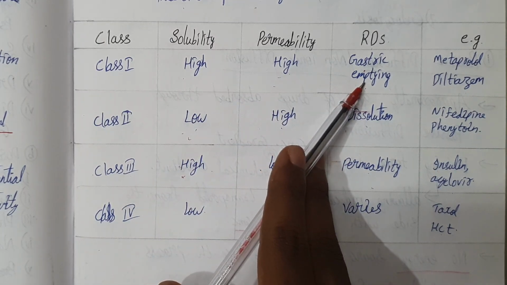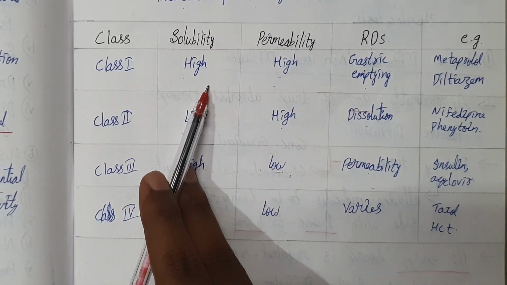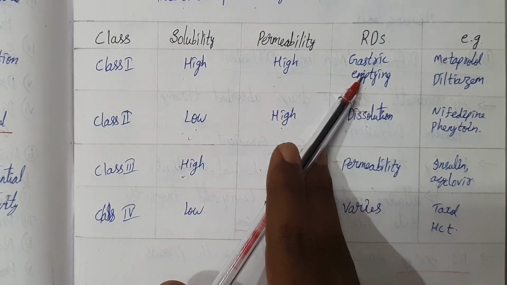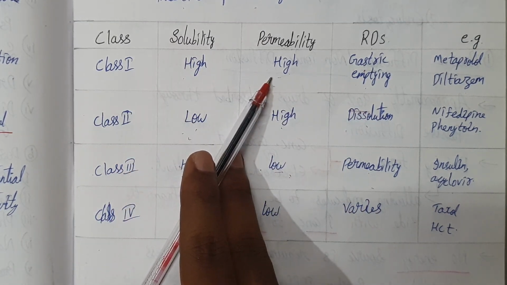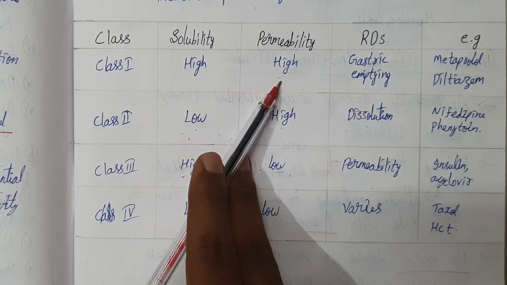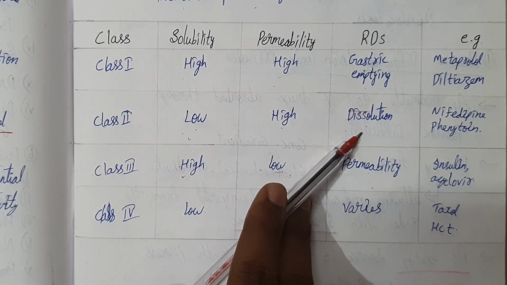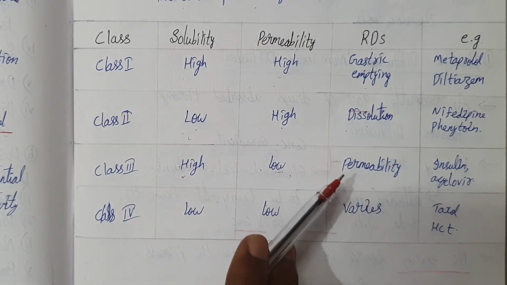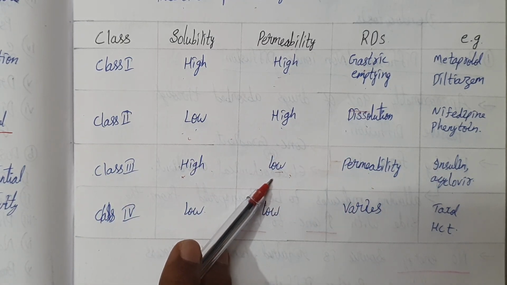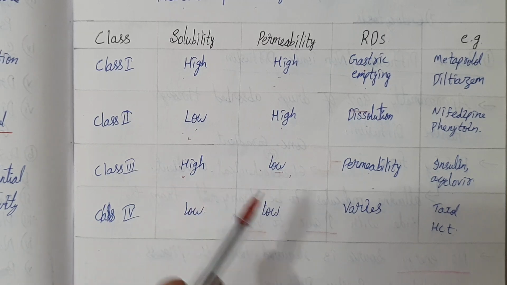Then what is written here will be low here. Gastric emptying time will be low here, but we are not including gastric emptying time, so others will be high. Dissolution is written here, so it will be low here, others will be high. Then permeability is written here, so it will be low here, others will be high.